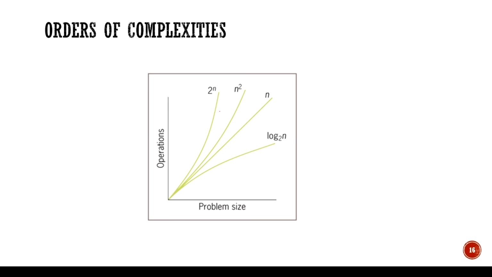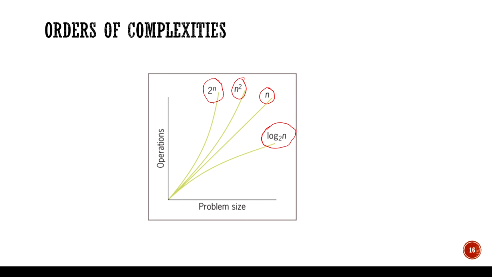Overall, we can have 4 orders of complexity. The best case scenario is the logarithmic one, which is even better than the linear one. We can also have quadratic, and the worst case scenario is exponential algorithms. The computational time increases exponentially as you increase the problem size.